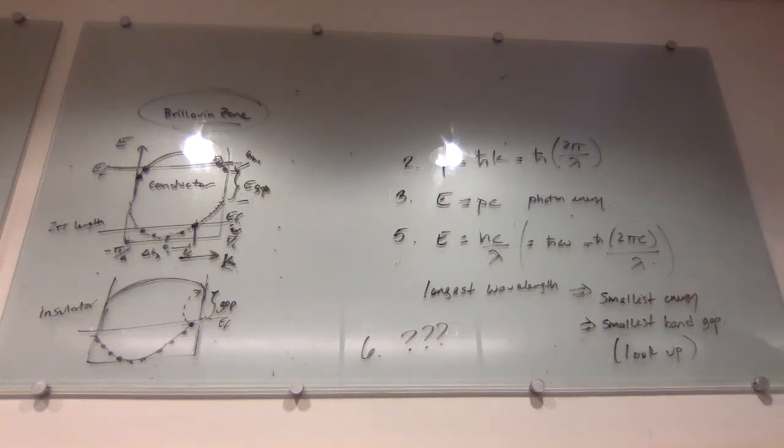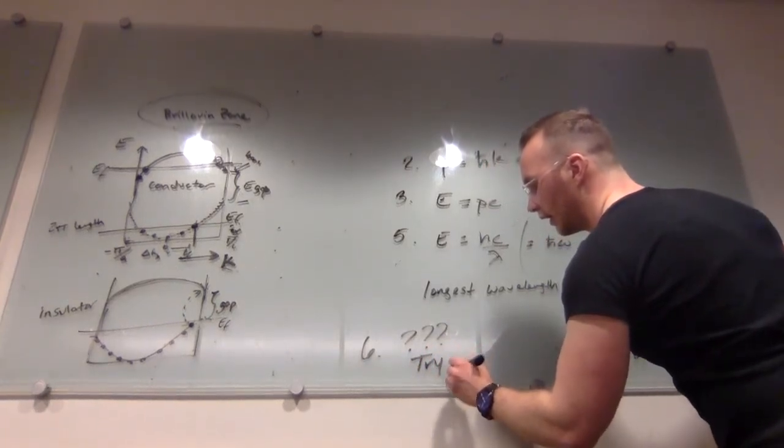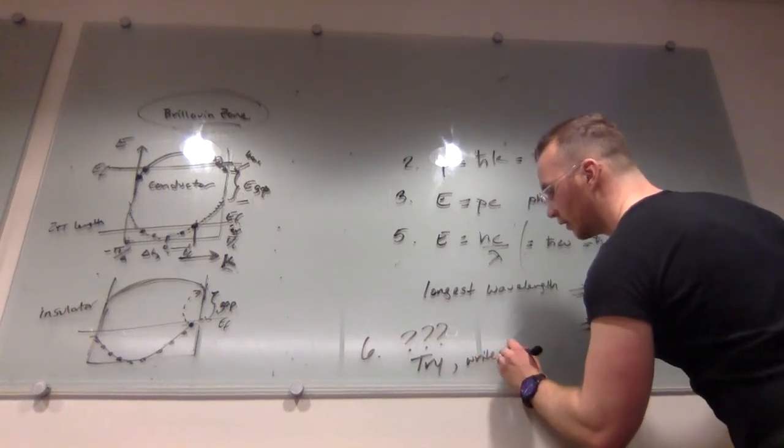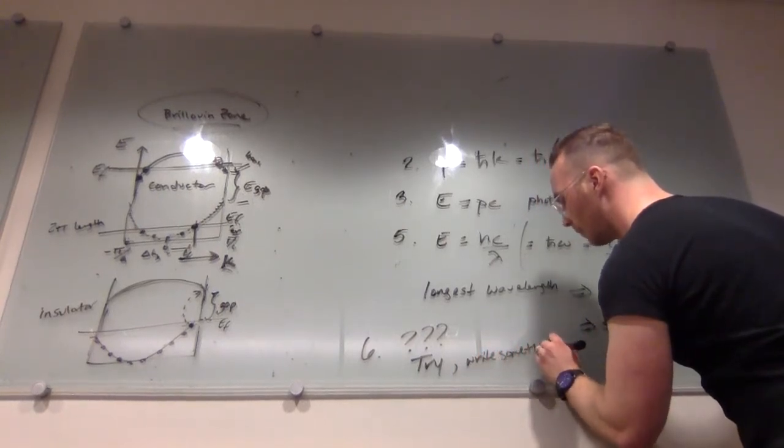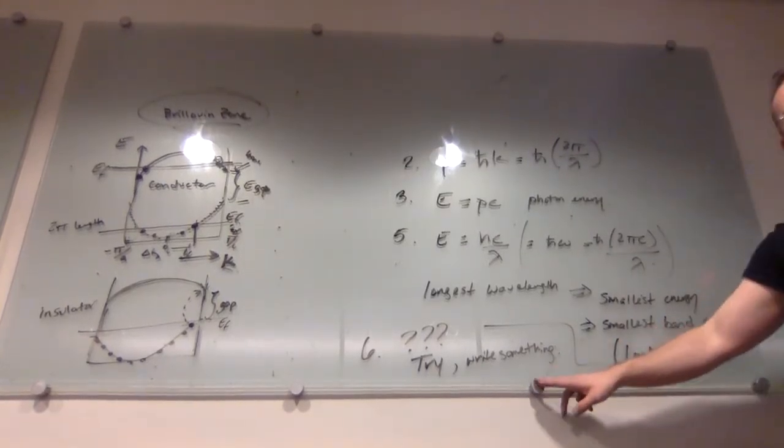They ask you something about the Fermi energy. Just write something for here. Try. Write something really genuine. I know I'm saying this, and now that means no one's going to do it at all. But really do try to answer the question.